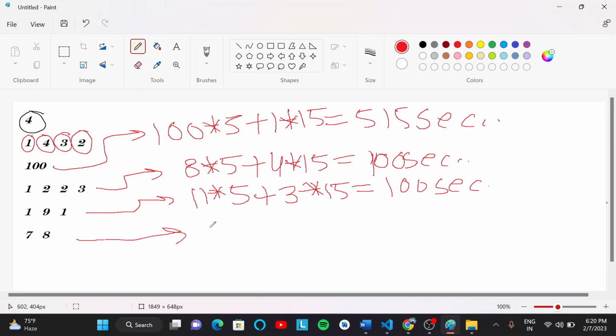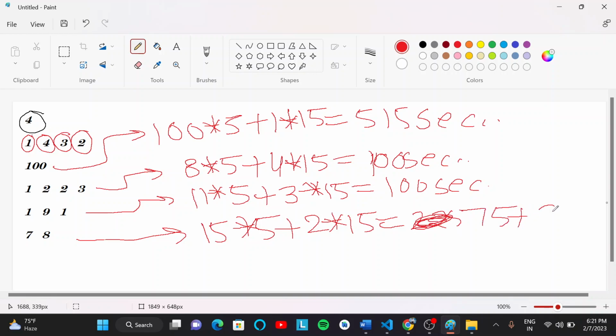Now the last window, 7 plus 8 means 15 products multiplied by 5, plus only 2 persons are there, so this is 2 into 15, so it will take 75 plus 30, this is 105 seconds.